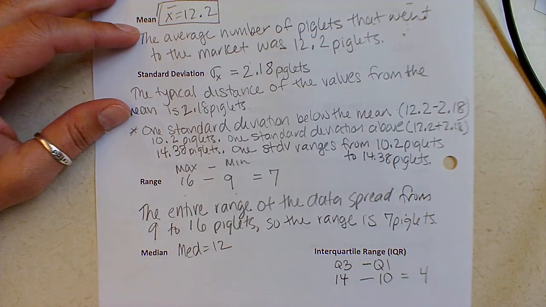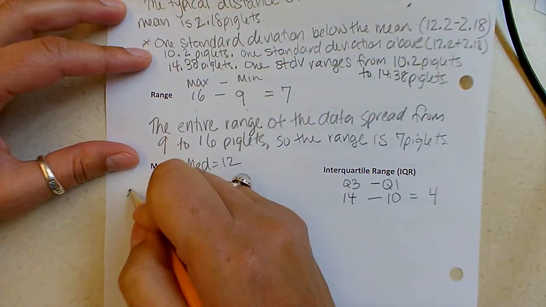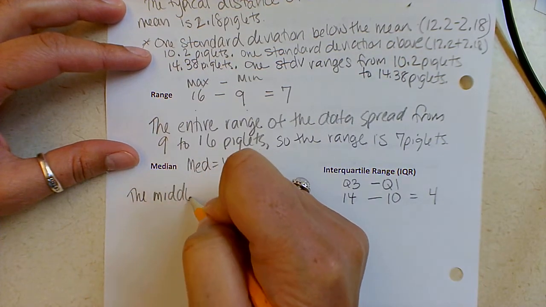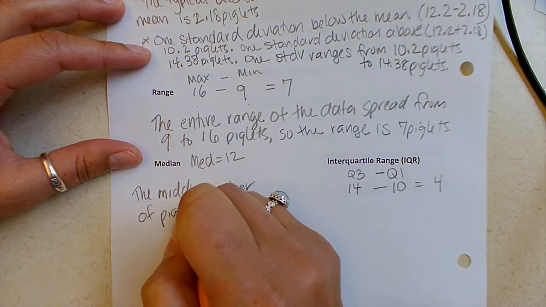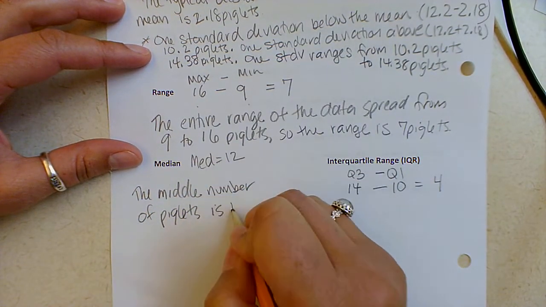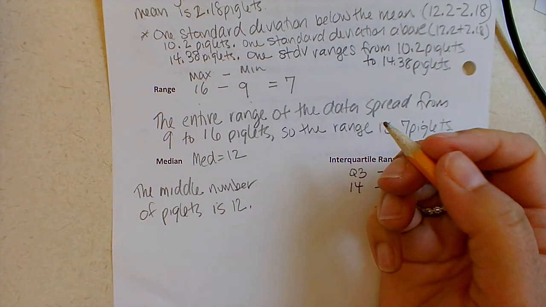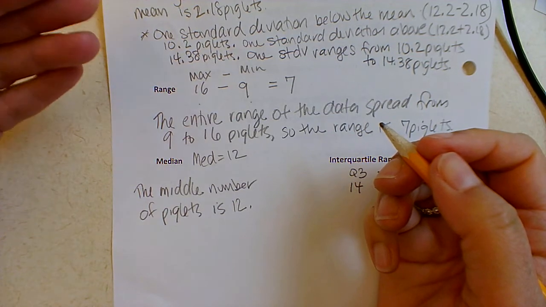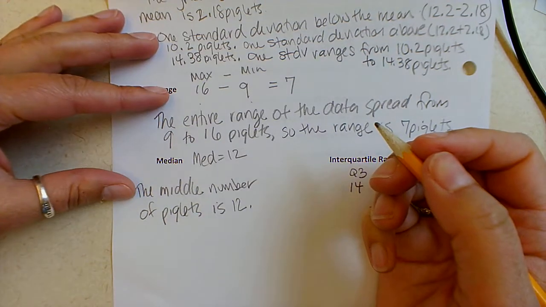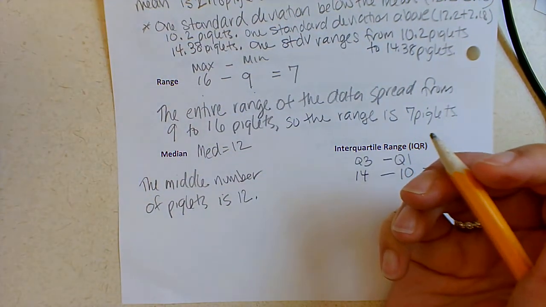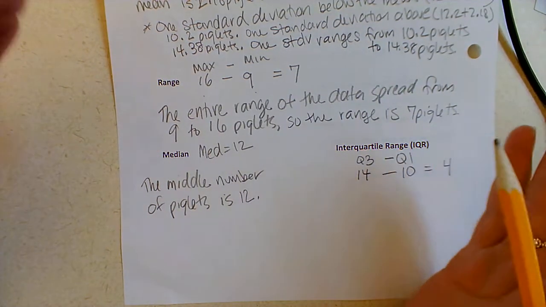Okay. Next, the median. The median is the middle number of piglets. So the middle number of piglets is 12, which means that 50% of the time, those 12 piglets went for those number of days. So if we're looking at 10 days, 50% of those 10 days, up to 12 pigs went, or 12 or more pigs went.